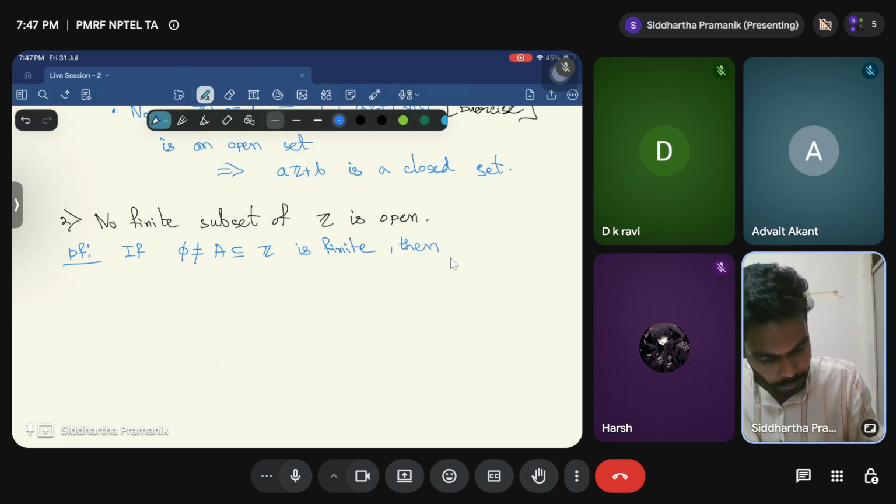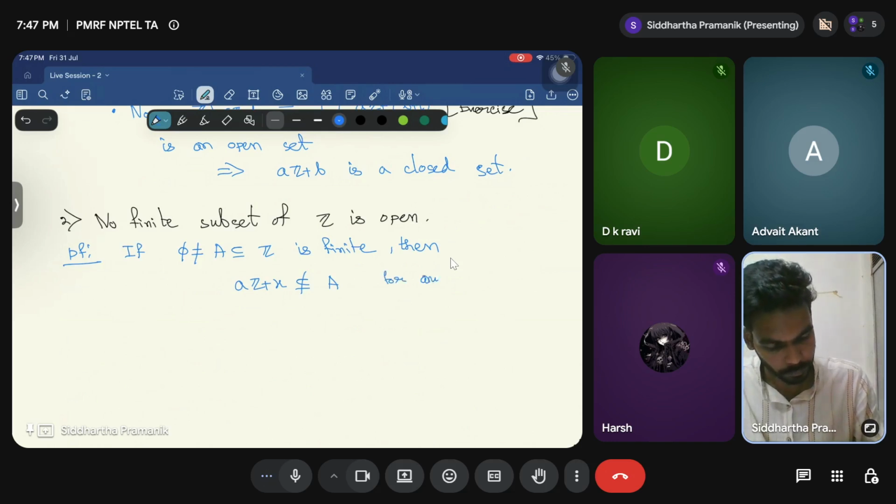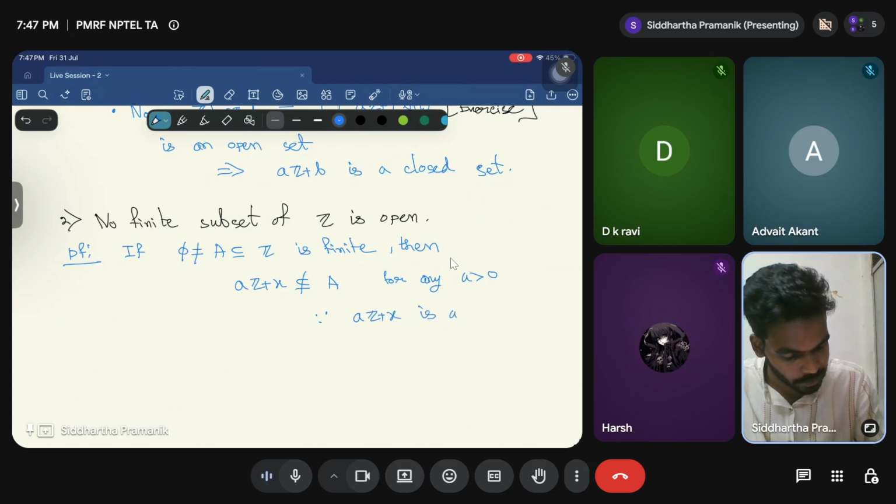then Az plus x cannot be a subset of A, for any positive a, because Az plus x is an infinite set.